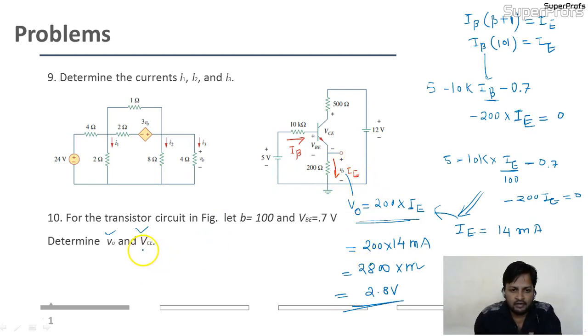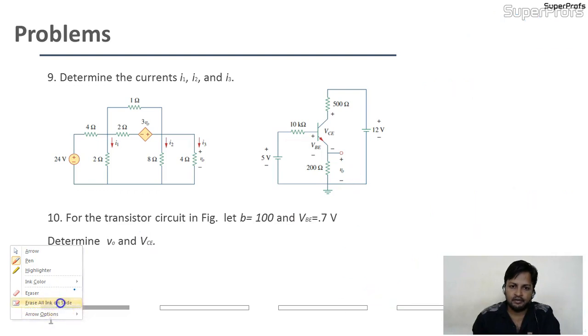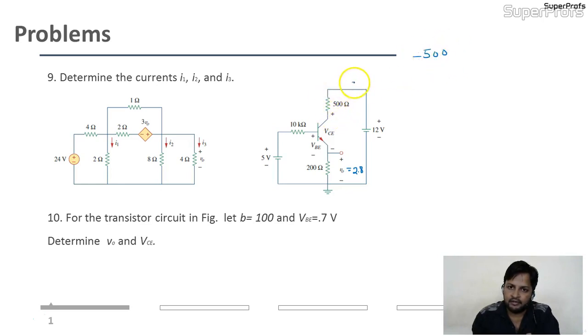Now the second one they are asking for is VCE. Now we'll apply KVL in this outer circuit, so we'll get the value of VCE. What is the value of V0? We got 2.8. Now apply KVL here. I'll start from here. 500 with a negative sign, because I assume the current IC is nothing but IE, that is 14 milliampere. Fine. Here I am getting VCE.